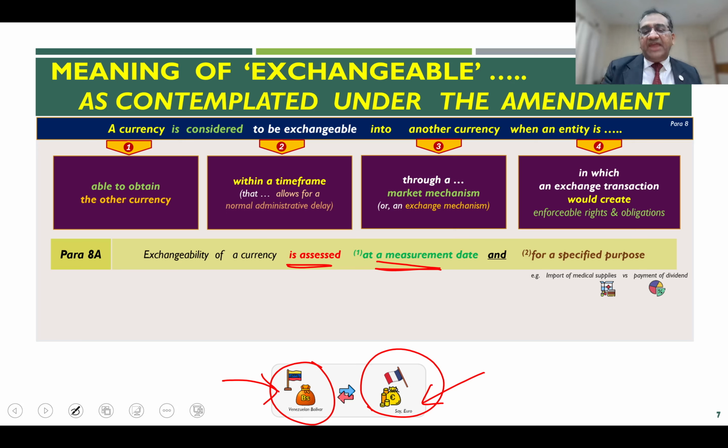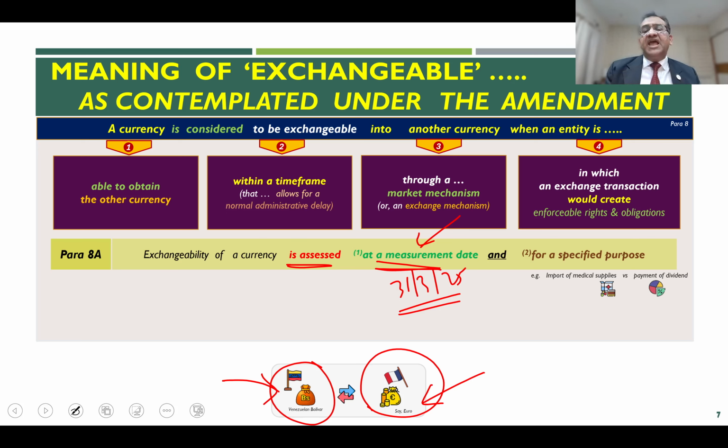For example, if 31st March 2025 is the measurement date, when you are translating foreign operations' financial statements into the parent's financial statements, then on 31st March 2025, you are bringing in the trial balances of the foreign operation and incorporating them into your own financial statements.